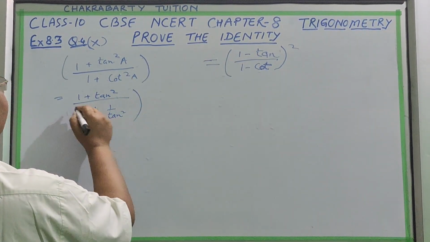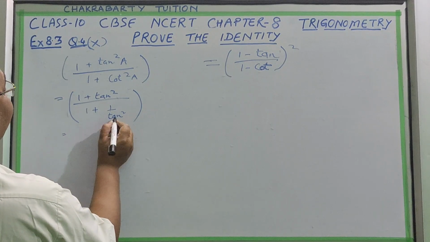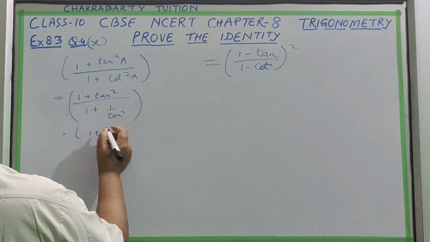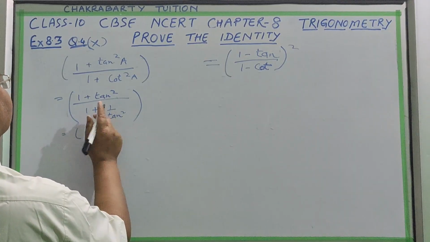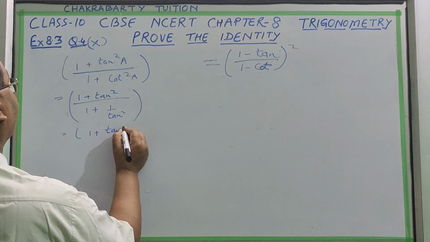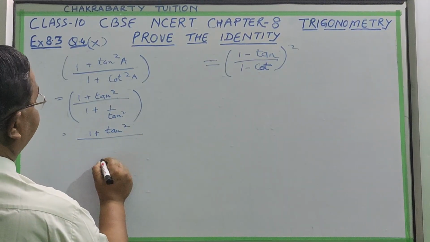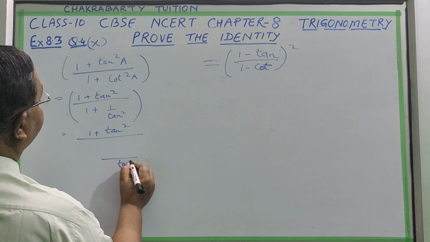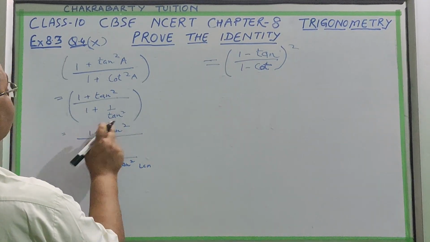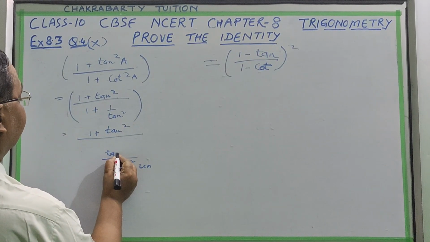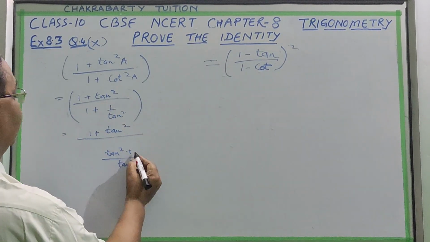Okay, so here tan square is LCM. 1 plus tan square, it will stay on the upper side. Lower side you take LCM tan square. So this tan square will make this as tan square, and plus 1 will remain like this.